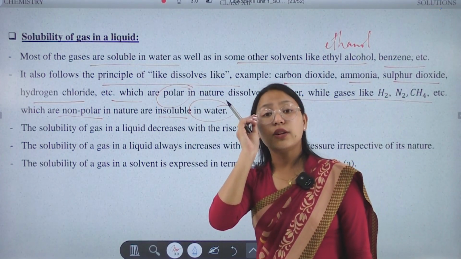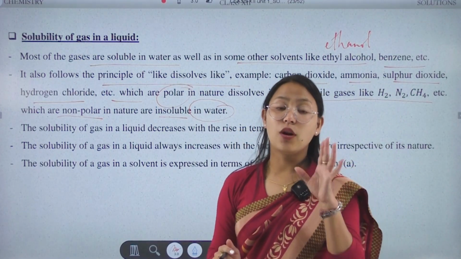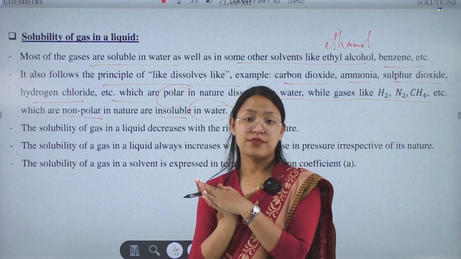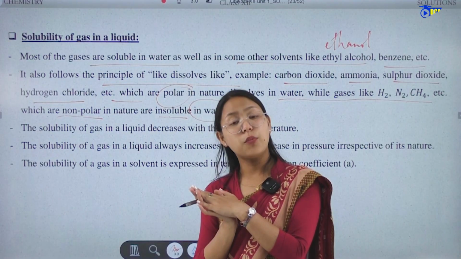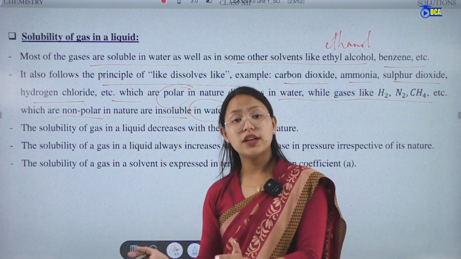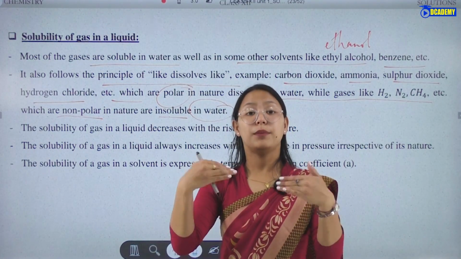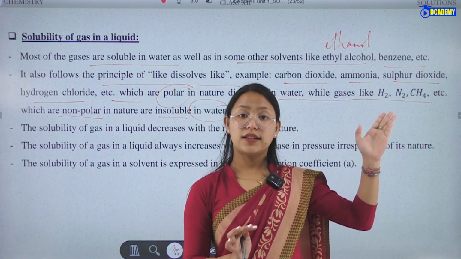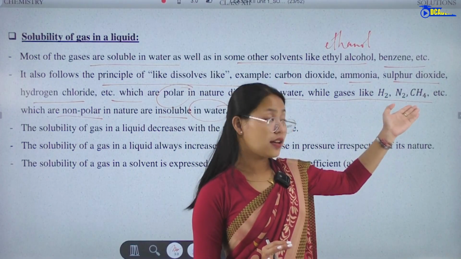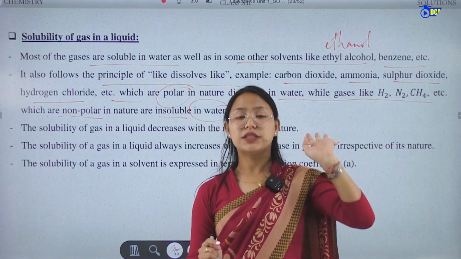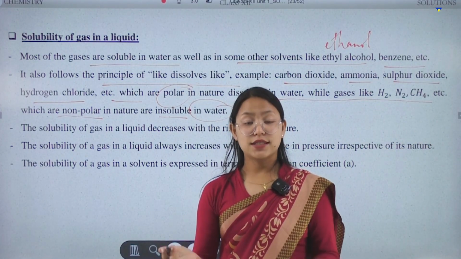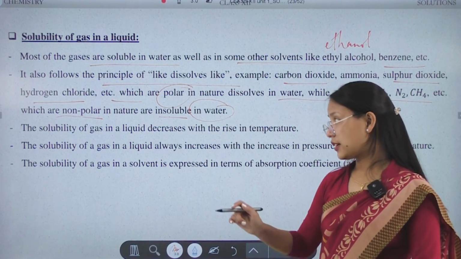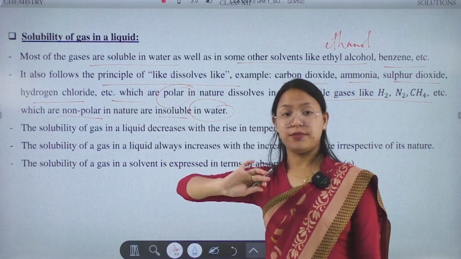That means gases of polar nature dissolve in water, since water is polar, but hydrogen gas, nitrogen gas and methane gas do not mix. It is because of their non-polar nature.